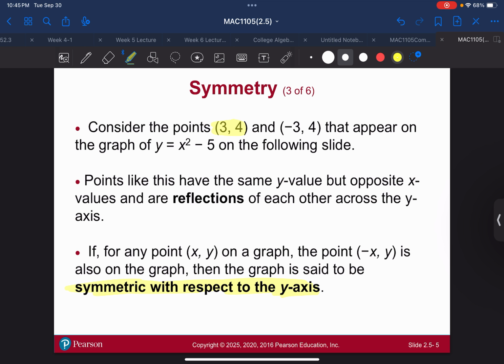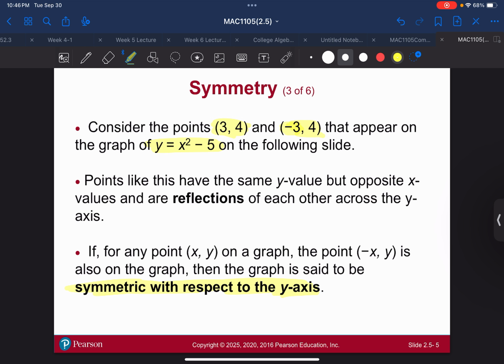If I start with the point (x, y), now my x-coordinate is going to change to the opposite sign, but my y-coordinate will stay the same. And if this is the case for all the points on a graph, then it is symmetric with respect to the y-axis. So these 2 points come from the graph of y equals x squared minus 5.